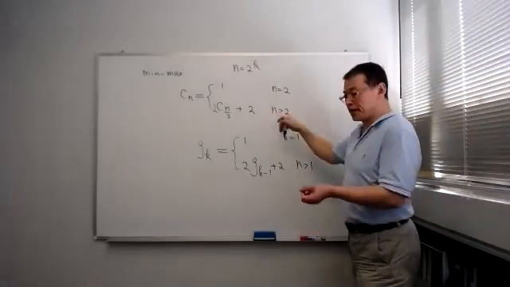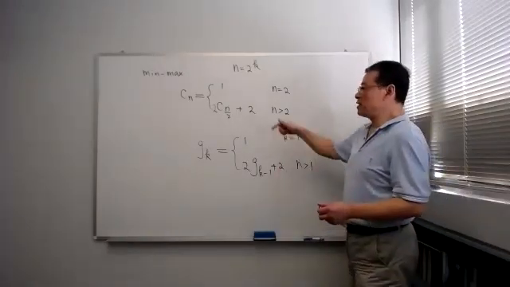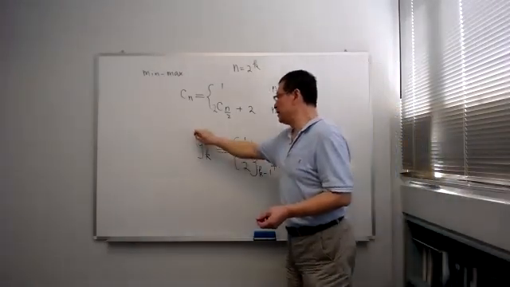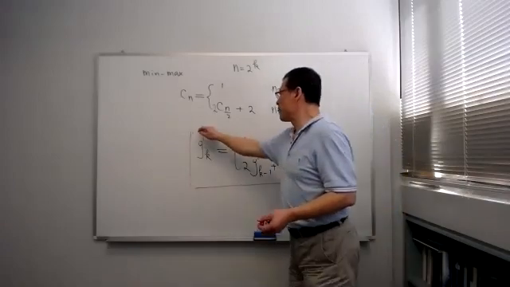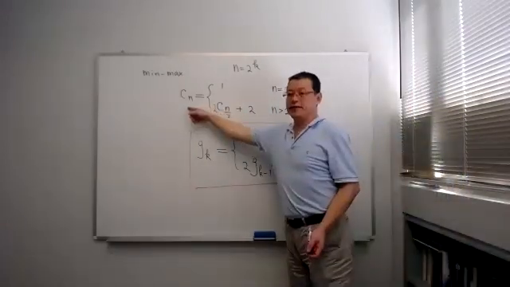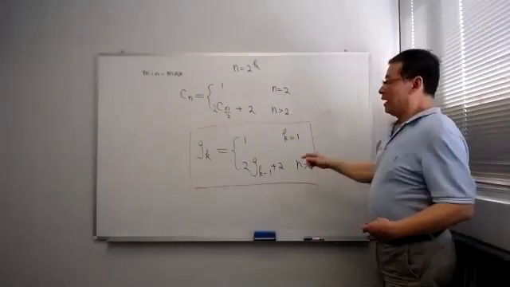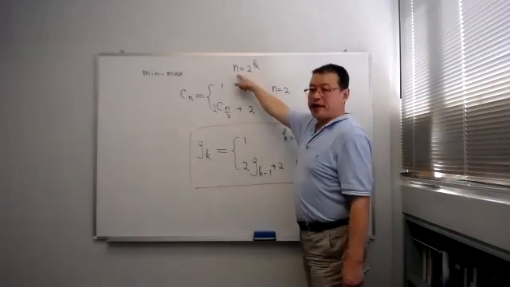In order to solve this recurrence, we solve it and then transform it back to C(n). So once we have g(k), then we have C(n). Just replace k by log n.